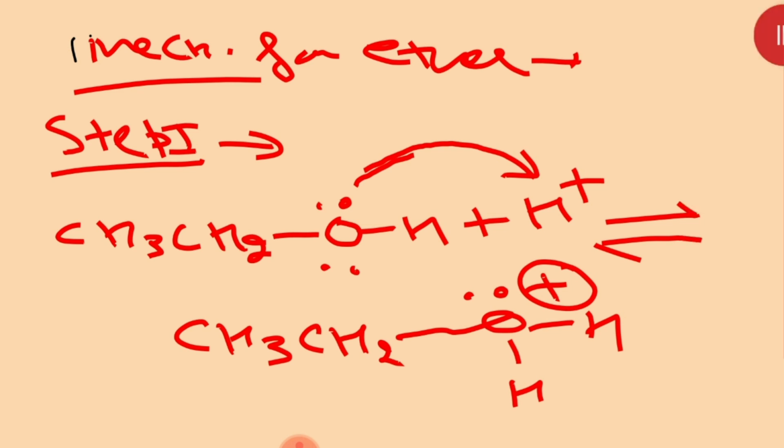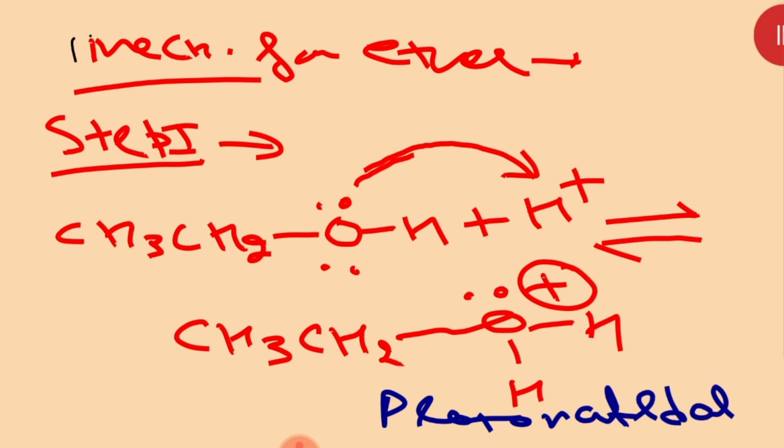Previously also I told you. What do you call it? Protonated alcohol. What do we call this? Protonated alcohol. Then after that, this protonated alcohol, what we have made there? Now we have to go towards step number 2.